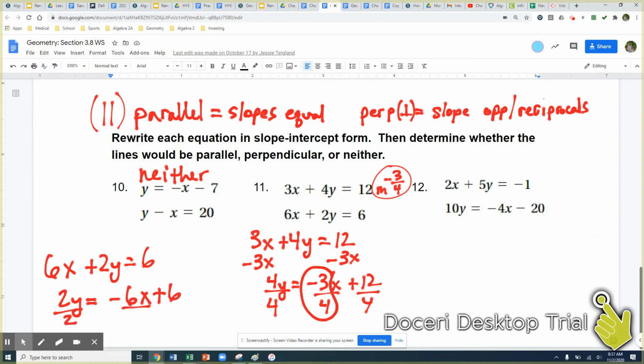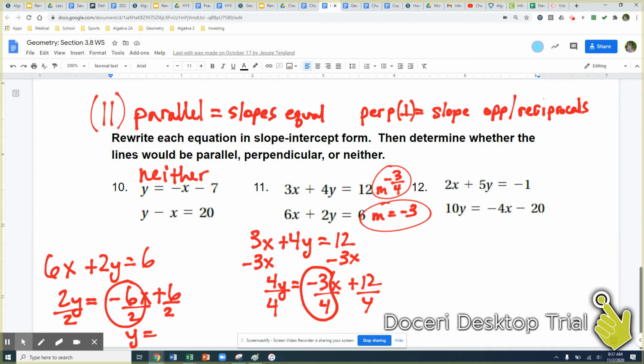Divide everything by 2. And we take a look at y equals, then we got -6 over 2, which our m is going to equal -3. So looking at them, obviously, are these two the same slope?